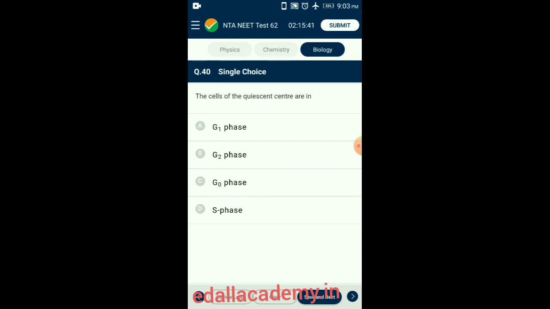These cells that do not divide further exit the G1 phase to enter an inactive stage called the quiescent stage, G0, of the cell cycle. Cells in this stage remain metabolically active but no longer proliferate unless called on to do so, depending upon the requirement of the organism. So the answer is option C, G0 phase.